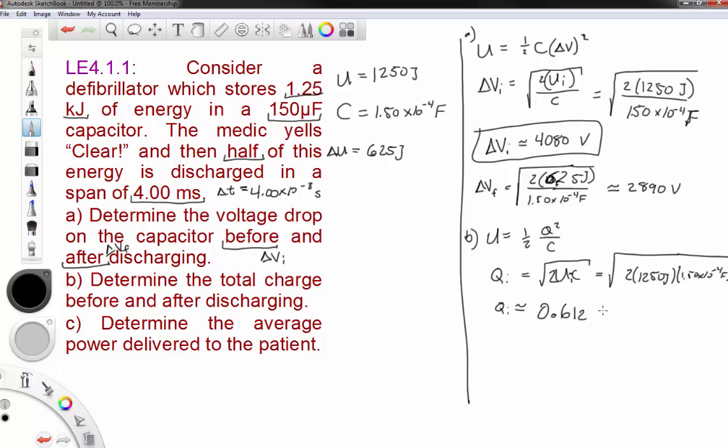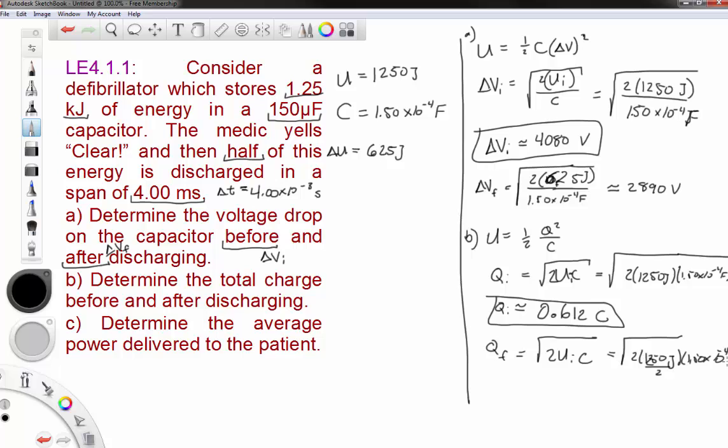so 0.612 coulombs. And then after discharging, Q final is again the square root of 2 U times C, which is the square root of 2 times 1250 joules times 1.50 times 10 to the minus 4 farads.